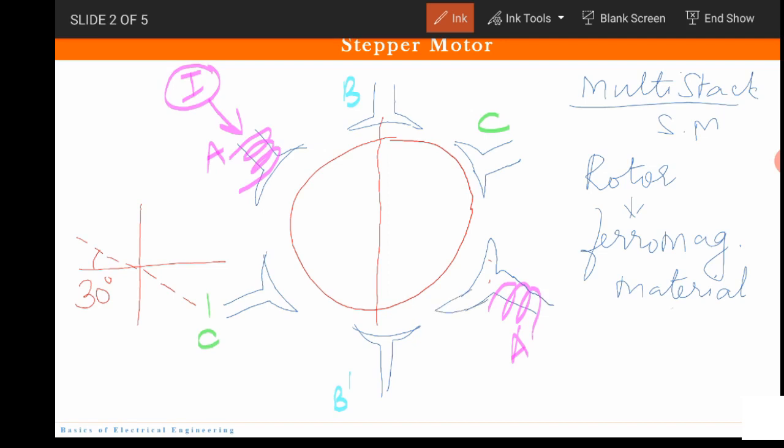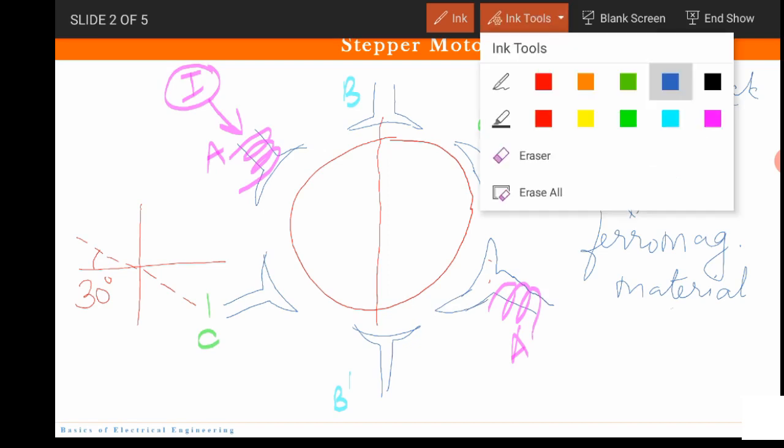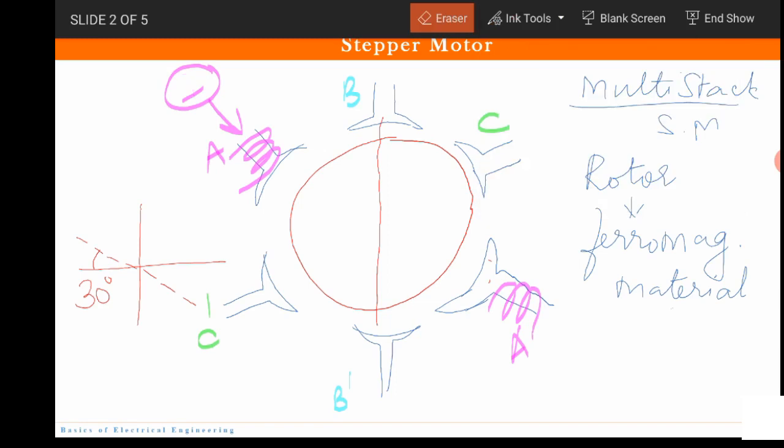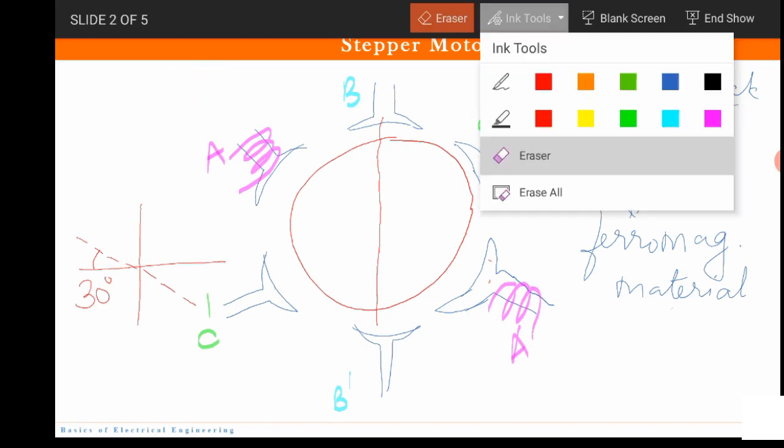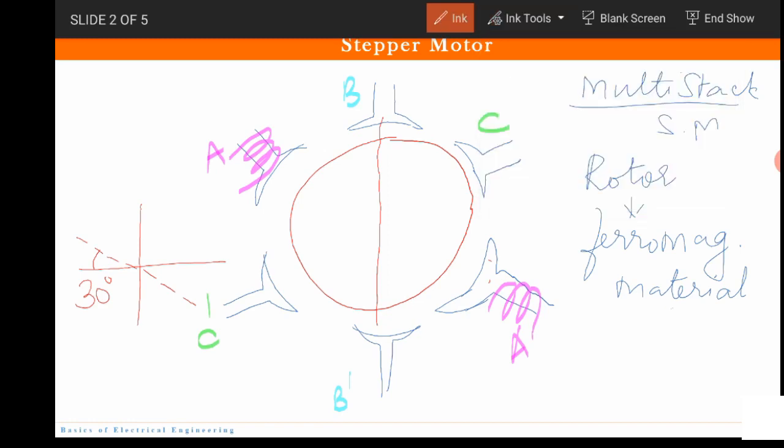Now what is going to be the next case? Tell me. We had energized A here, correct? So what we are going to do? Now the new position of the stack is something like this. Correct? It is something like this now.